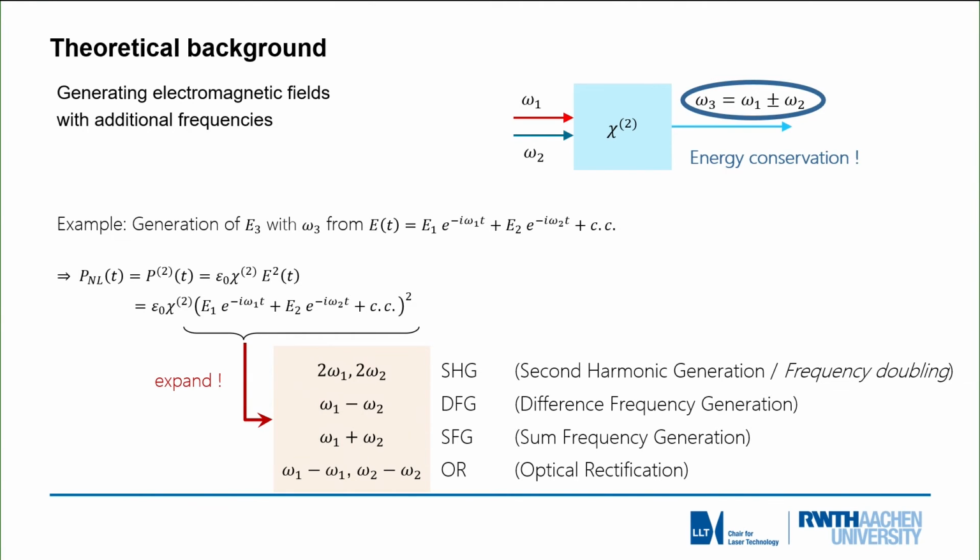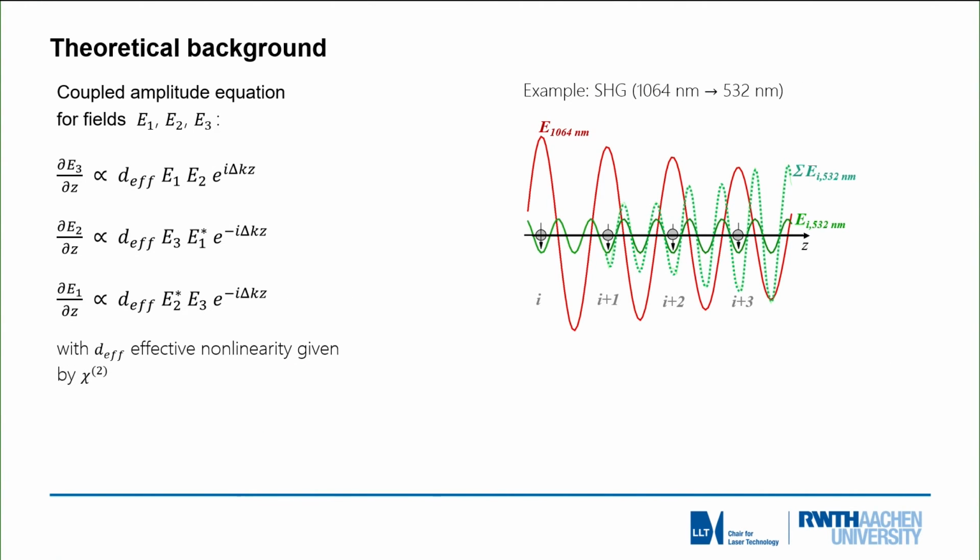Now, a very important issue is the phase matching. If we look at the effect of superimposing the initial waves, think again of second harmonic generation. We have two photons of this wavelength which generate one photon of this wavelength. This is indicated along the length of the nonlinear crystal.